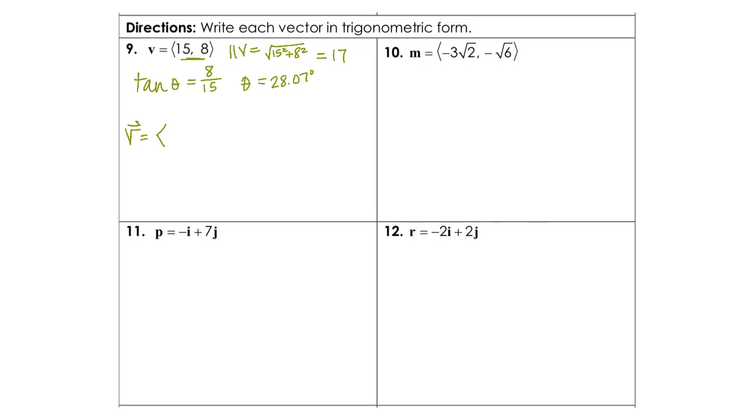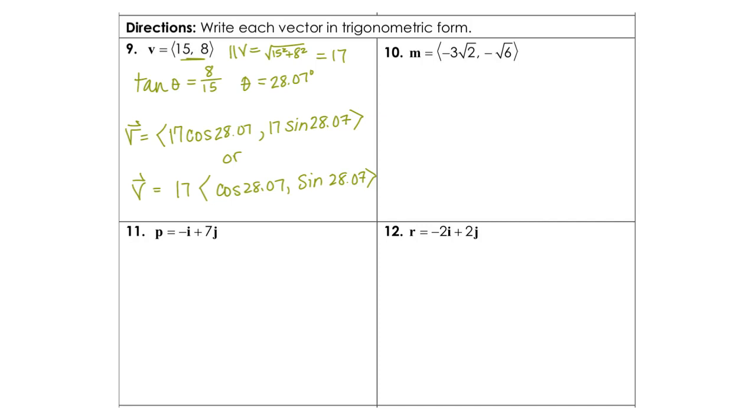Here we're going to have 17 times cosine of 28.07, comma 17 sine of 28.07. You could also write this with that 17 factored out. So vector V is 17 times cosine of 28.07 and then sine of 28.07. Either one you want to write it is fine.